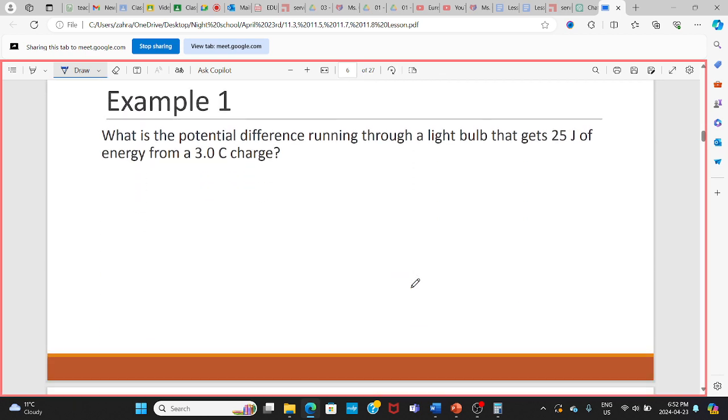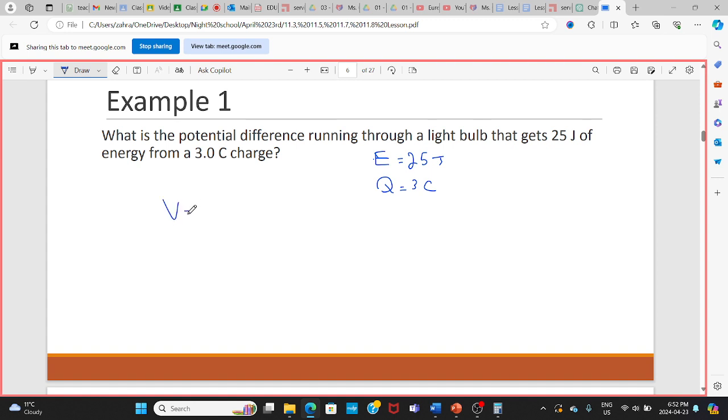But this is an example. What is the potential difference running through a light bulb that gets 25 joule of energy from a 3 coulomb charge? So Q is 3 coulomb.